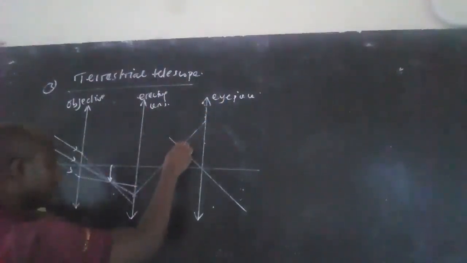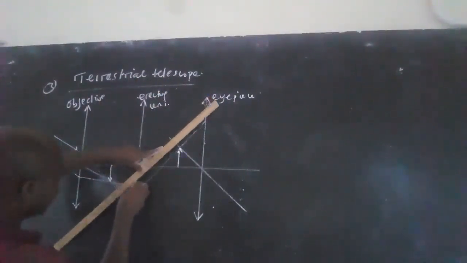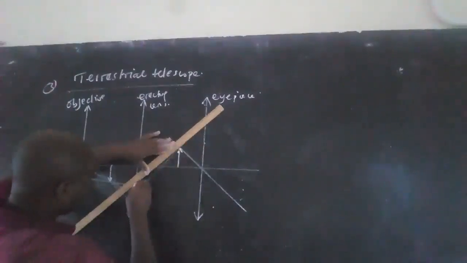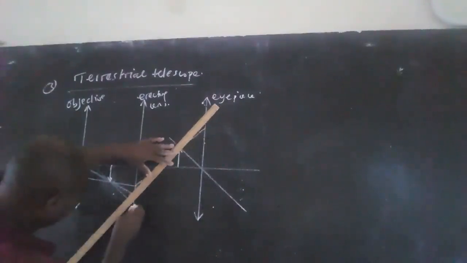So let's say this is the same size image, which is now made upright. Then another ray is this one.